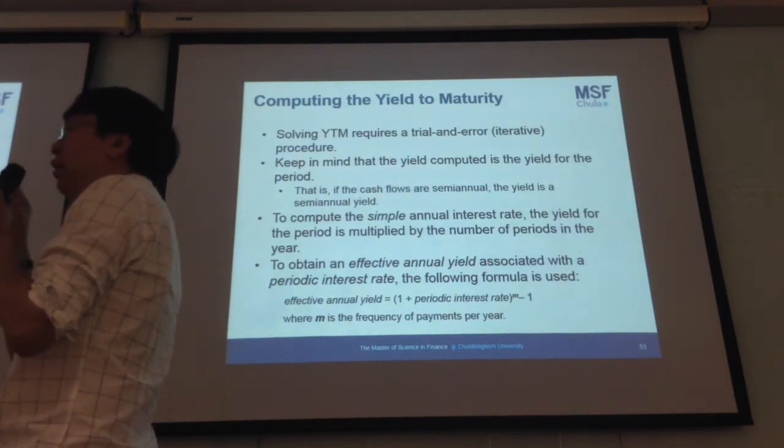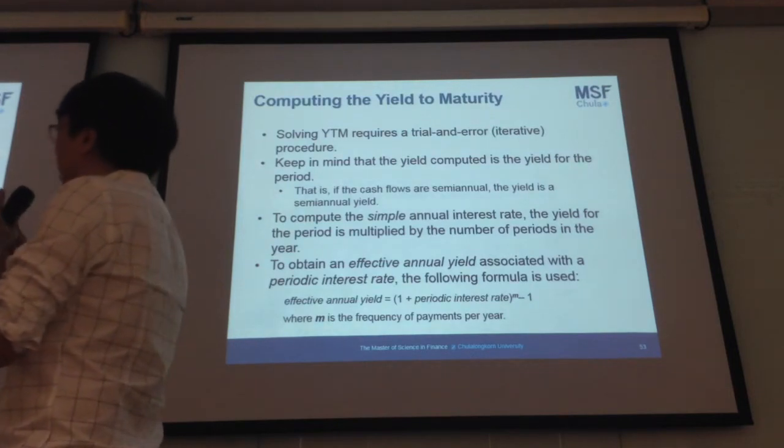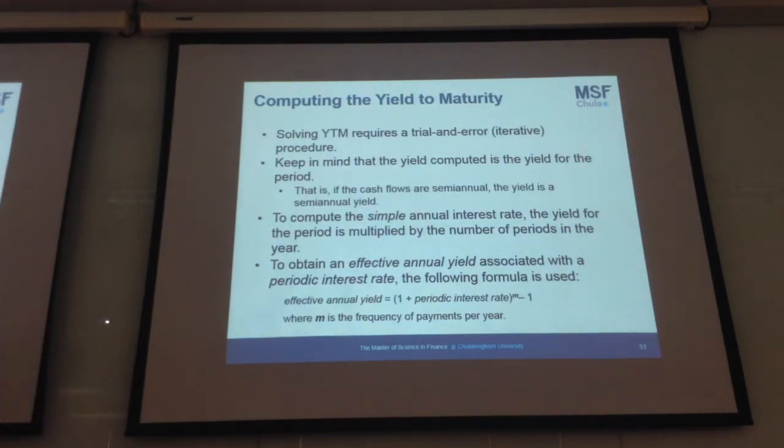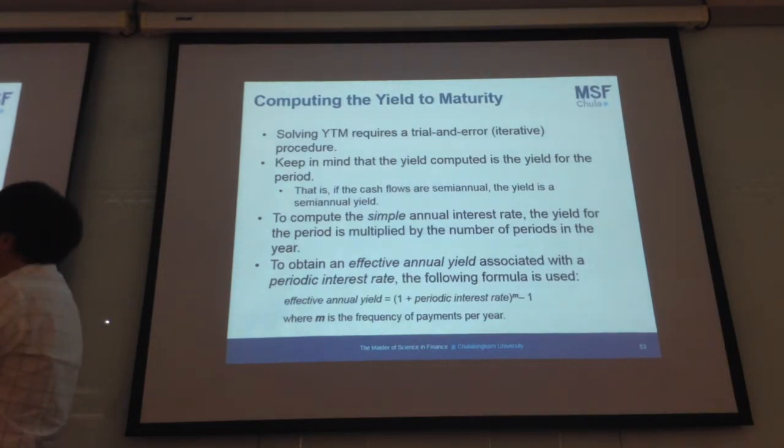To come up with the annualized yield, there are 2 ways you can do it. You can do the simple annual yield by just multiplying by the number of periods in which the bond pays the coupon each year. So in the case of a bond paying the coupon every 6 months, the yield you compute is the yield per 6 months, so you can simply multiply by 2 to get the annual yield to maturity.